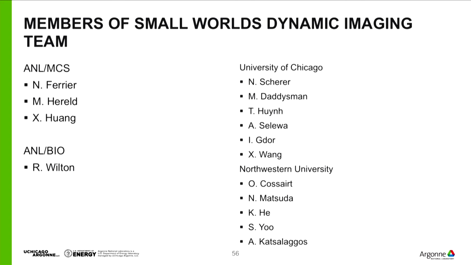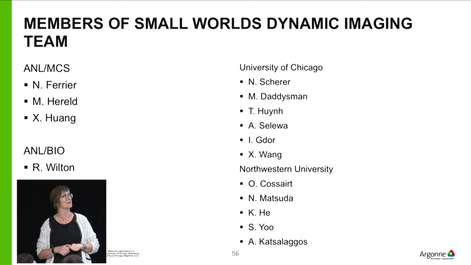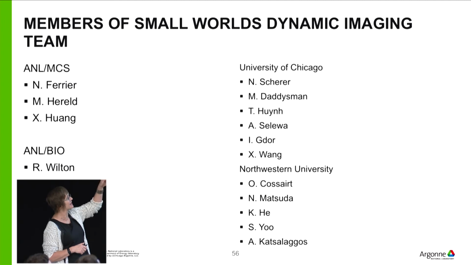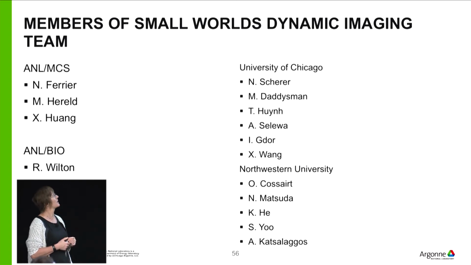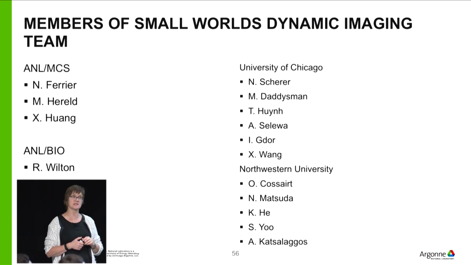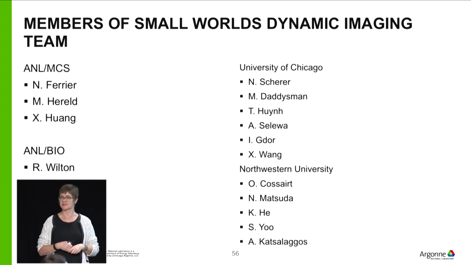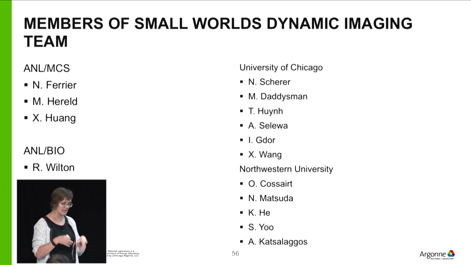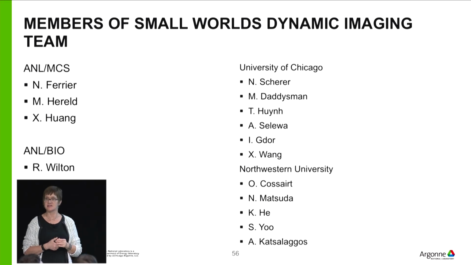And at University of Chicago, Norbert Schur in the Department of Chemistry, he's the interferometry guru that we're working with that will hopefully take us to new heights. And then various postdocs, Matt, Tuan, Alan, Ite, and Shaolei, have worked on this project. And finally, Rose Wilton is a biologist at Argonne, and she's the one that develops all the different fluorescent sensors for us and has developed the one that does the periplasmic labeling and the cytoplasm and gets us all our specimens that we take an image of.